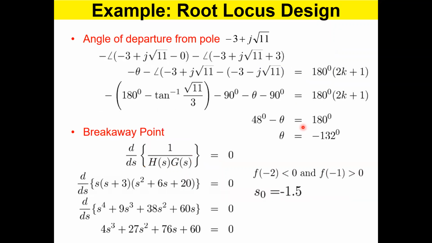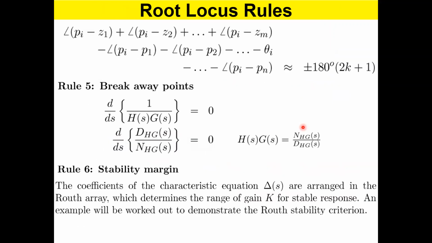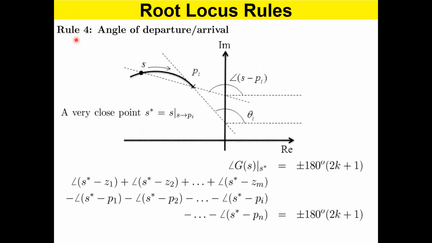How do we calculate that angle of departure? I think we have the equation, this one. What you see here is the method that we use to calculate the angle of departure. Do you remember this graphic? There's a pole here, and this theta 1 is the angle of departure.